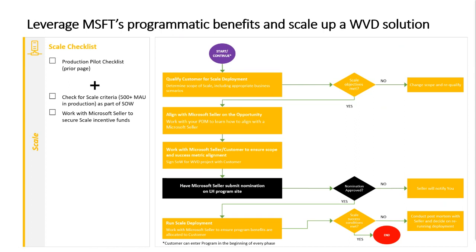Now, to reach the scale phase of the Azure WVD Lighthouse project, you've got to have 500 monthly active users for starters in the statement of work.